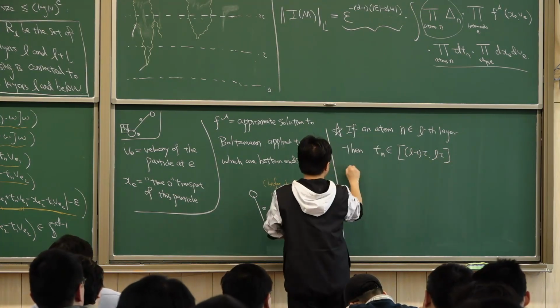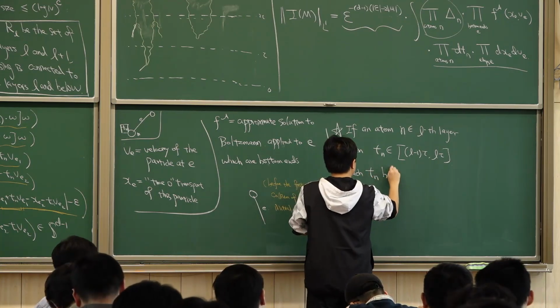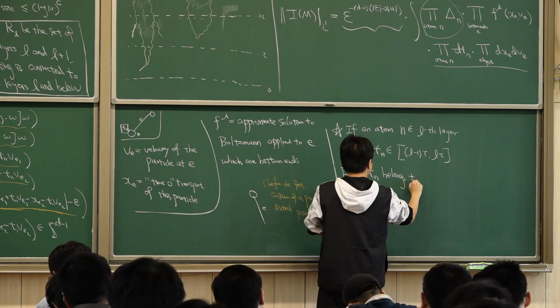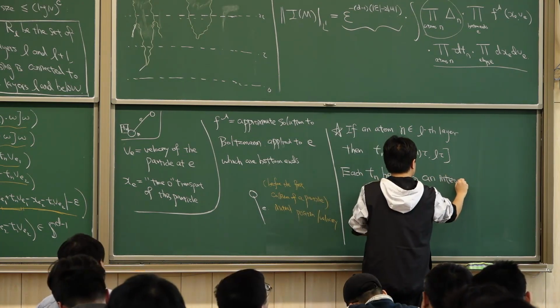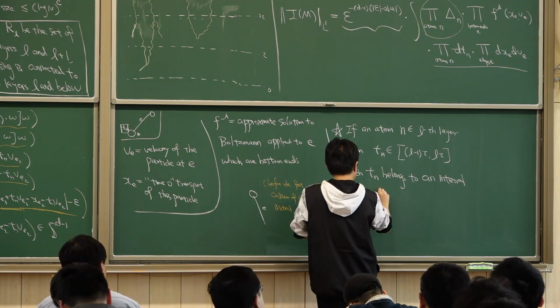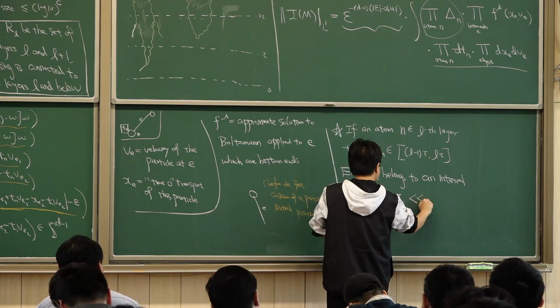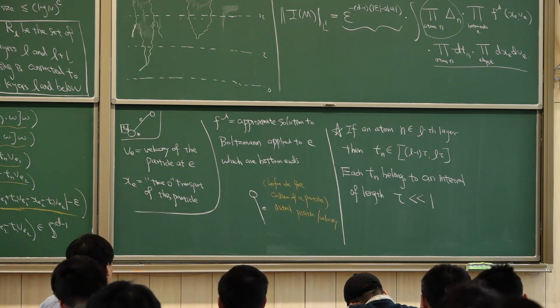And so in particular, each Tn belongs to an interval of length tau, which is much less than 1. Okay? Any other questions?